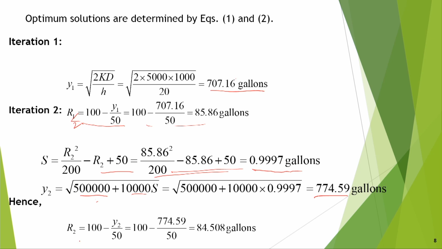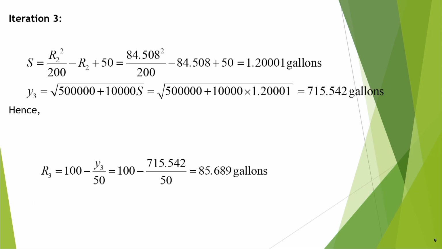But again based on y2 we calculate r, basically it is r3, and we get r3 equal to 100 minus this one. We put that value and we get S equal to this, and then y3 is equal to this much, and then we keep doing these types of things.